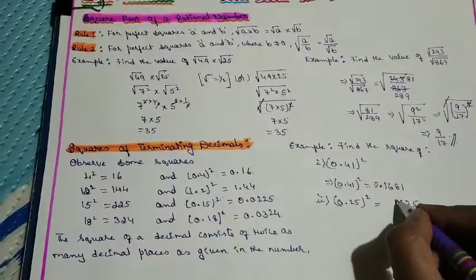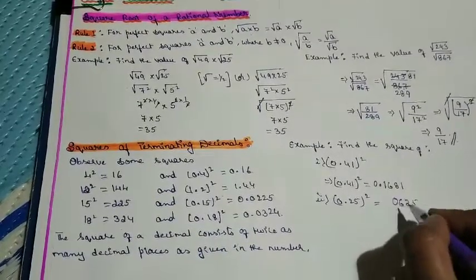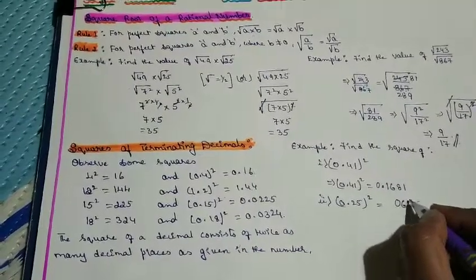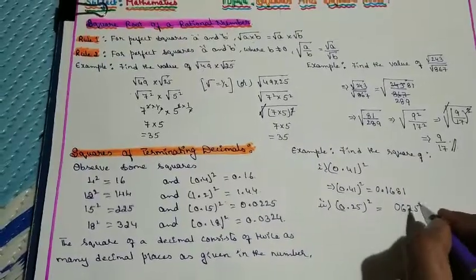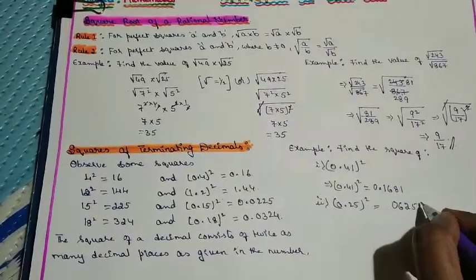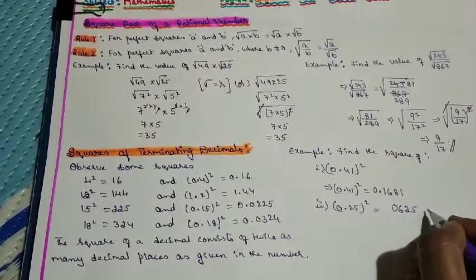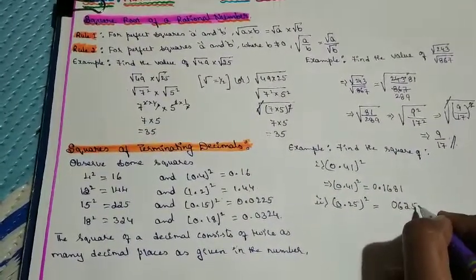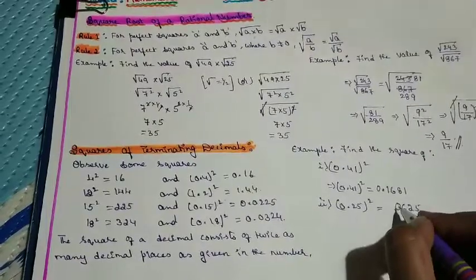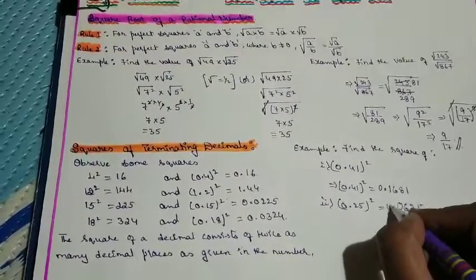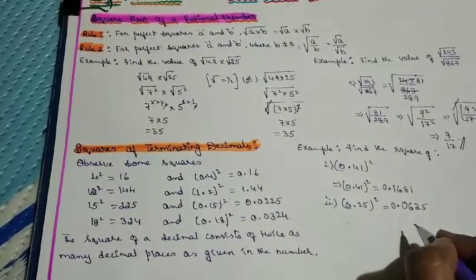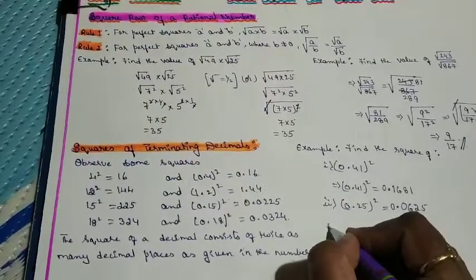But we don't have a fourth digit, so the fourth digit can be made 0. If you write 0 here on the right, the answer remains 625 only. If you put the 0 on the left, then it becomes 0625 with a decimal point from right to left. The answer is 0.0625.